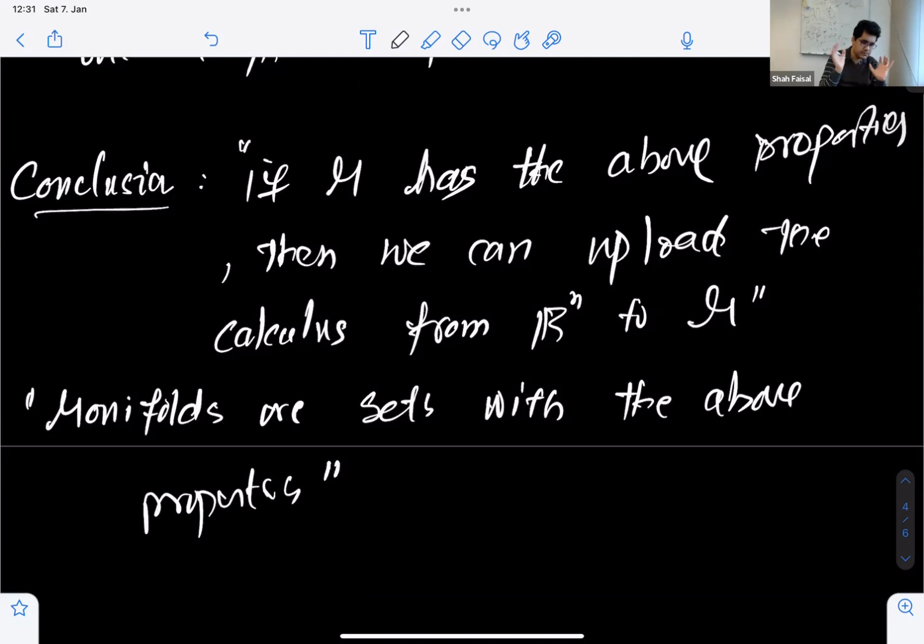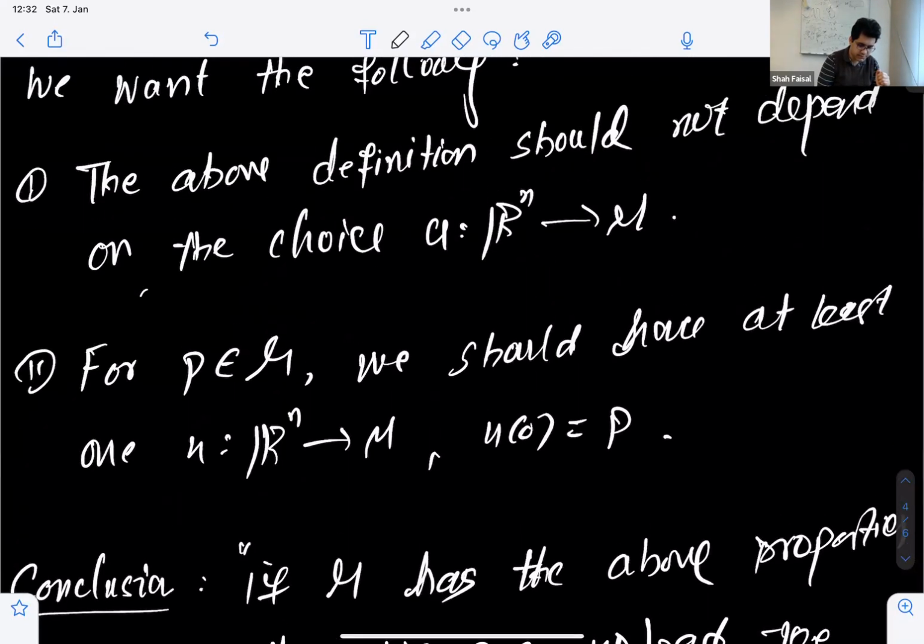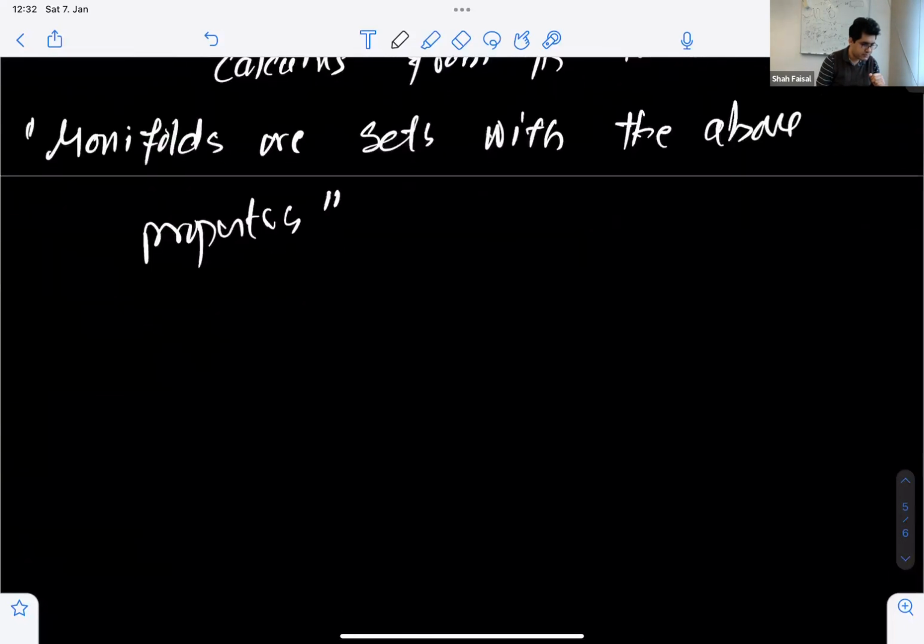So manifolds are objects which could be curved, but they have this property that locally around every point you can find some function, and with this second condition, that this notion doesn't depend upon the choice. So let's go to the precise definition of a manifold now.